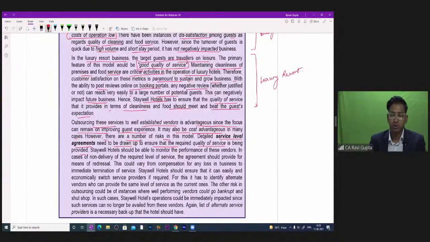Stay Well Hotel should be able to monitor the performance of these vendors. In case of non-delivery of the required level of service, the agreement should provide for means of redressal. This could vary from compensation for any loss in the business to immediate termination of the services. Stay Well Hotel should ensure that it can easily economically.